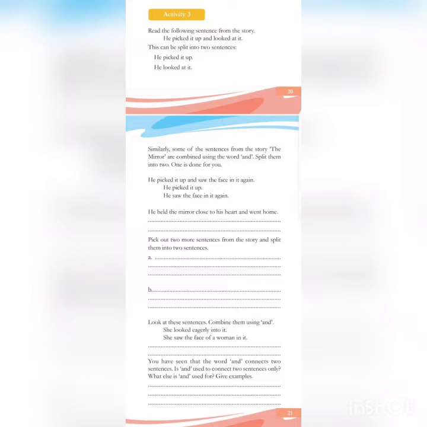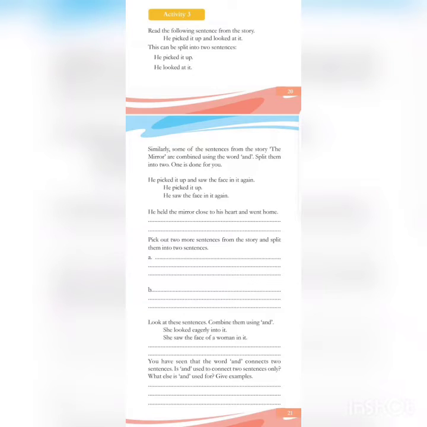Then, the other is, the mirror fell down on the floor and broke into pieces, on page number 12. The mirror fell down on the floor. Second sentence, it broke into pieces.